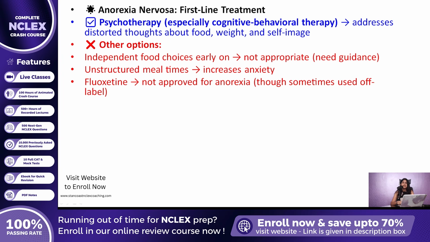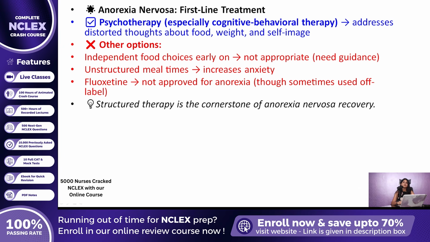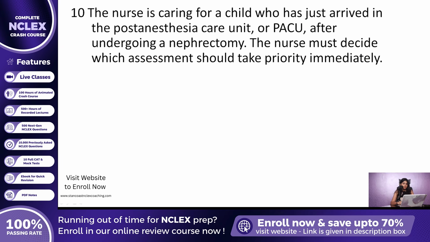Option D is incorrect as fluoxetine is not an approved treatment for anorexia nervosa, even though medications may sometimes be used off-label. The key takeaway is that structured therapy is the first-line intervention to help clients begin recovery from anorexia nervosa. Question 10. Finally, for this segment, let us focus on postoperative care in a pediatric client.